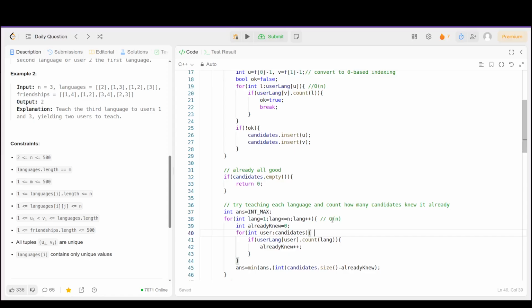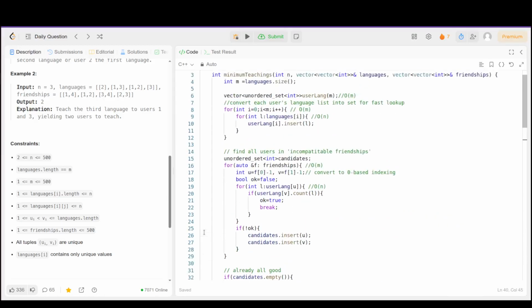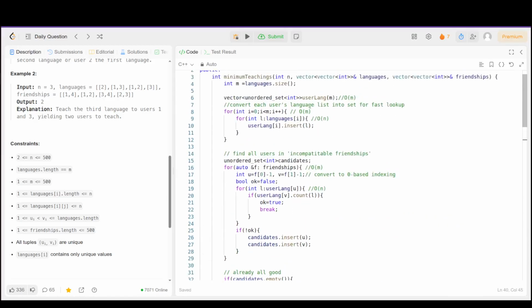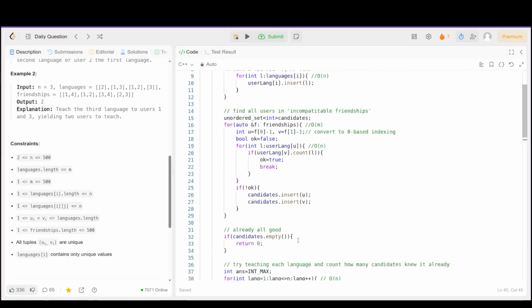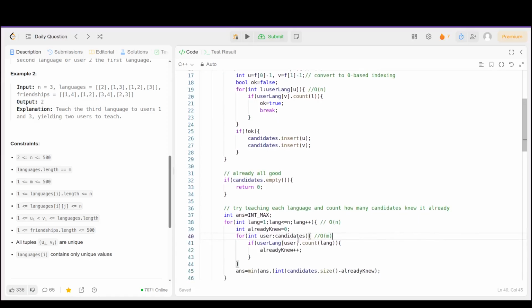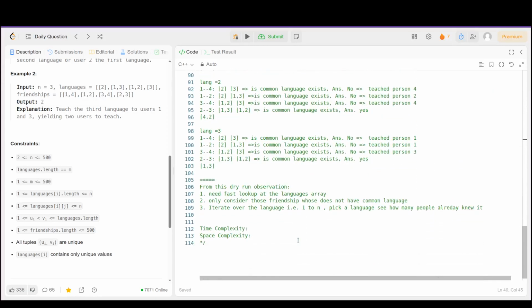That means the languages dot length will take big O of m. So big O of m plus big O of m into n, and here also m into n, and here also m into n. So time complexity would be big O of m plus big O of 3mn, that you can say is big O of mn.